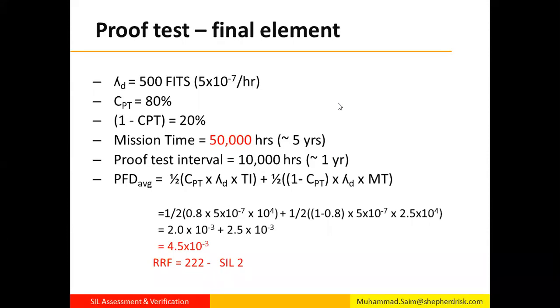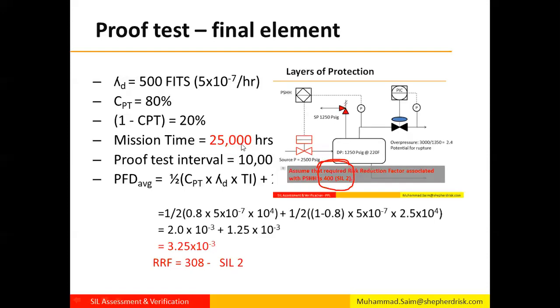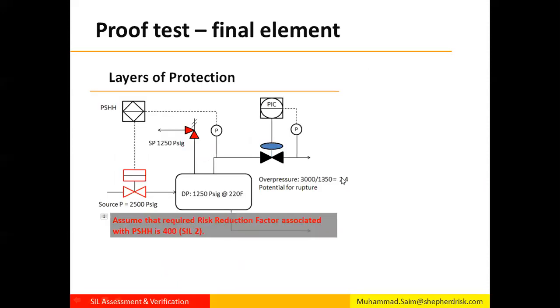Nobody will allow the process designer to think that they are going to replace, say, a 20-inch ESD valve every 5 years, or carry out a major overhaul of a 20-inch valve every 5 years. Nobody will allow you. That's not an industry practice. So 2.5 years is a ridiculously short mission time. Hence, what to do? We need to achieve SIL 4. How to achieve that?